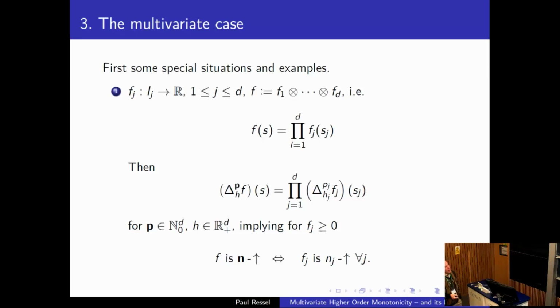And this implies for non-negative functions that f is, in this case, a vector n-increasing if and only if each component is n_j-increasing. I think you have to add that none of the functions is really identically 0. Then one of the directions is for obvious reasons not.